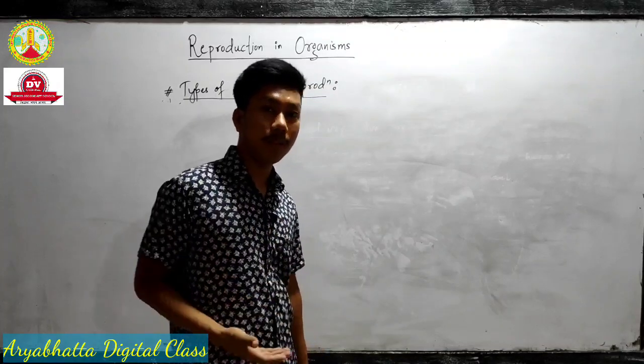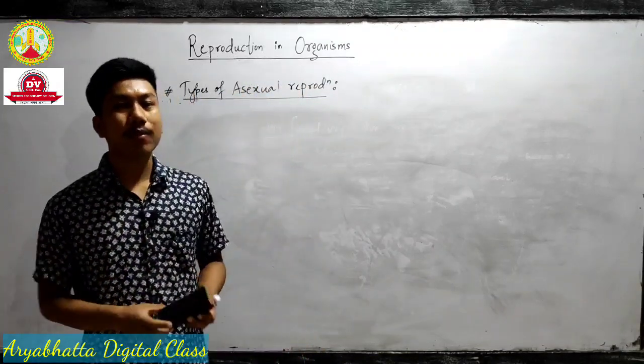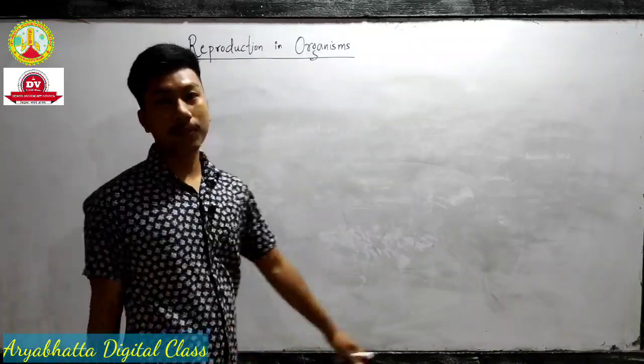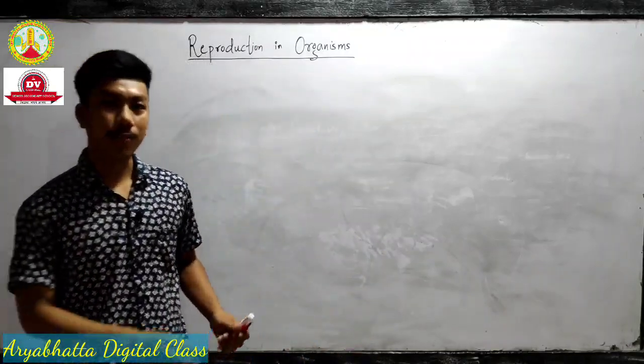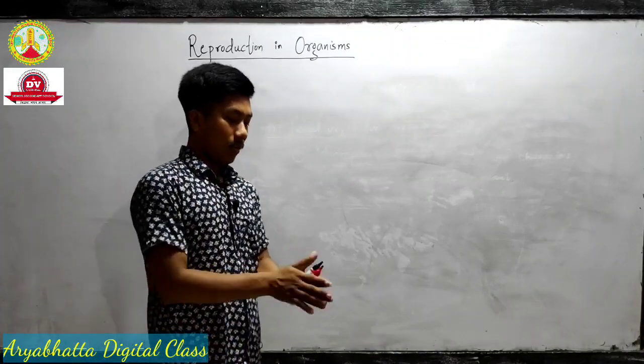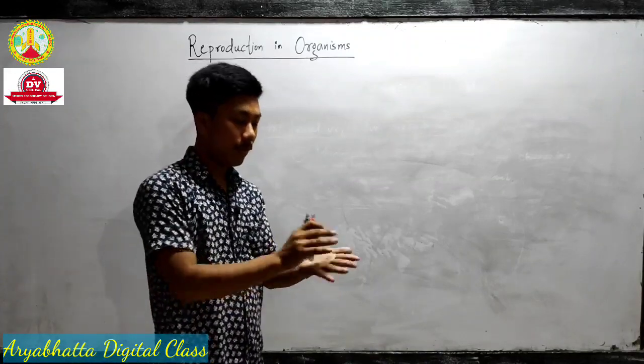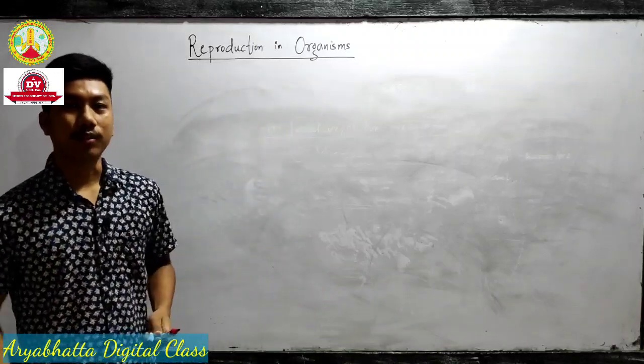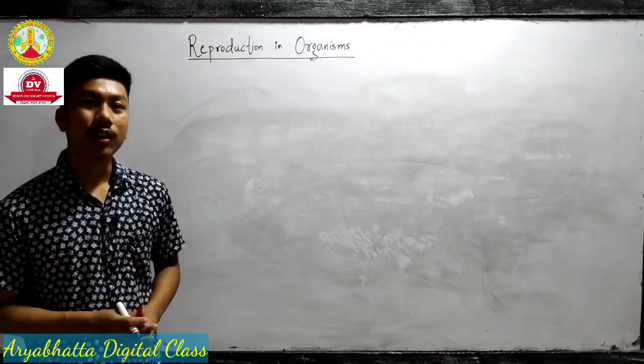We will only discuss the events, and in the next chapter we will discuss the process of sexual reproduction in detail. So we have completed asexual reproduction, types, examples, everything. Now we will discuss the events of sexual reproduction in the next video.